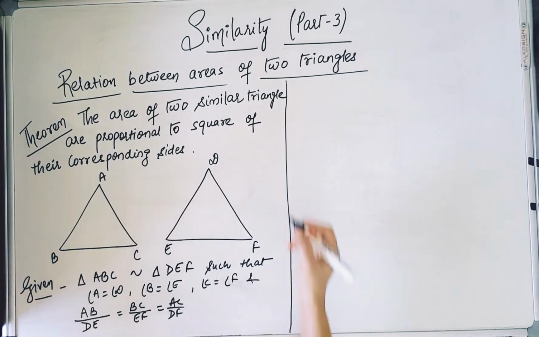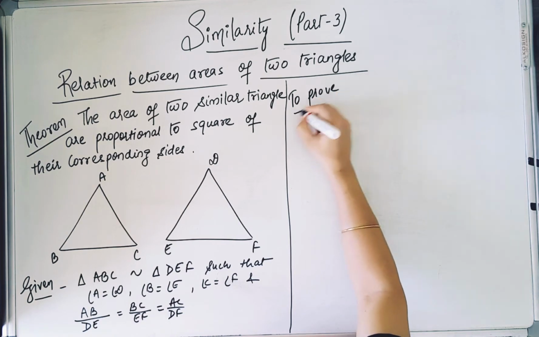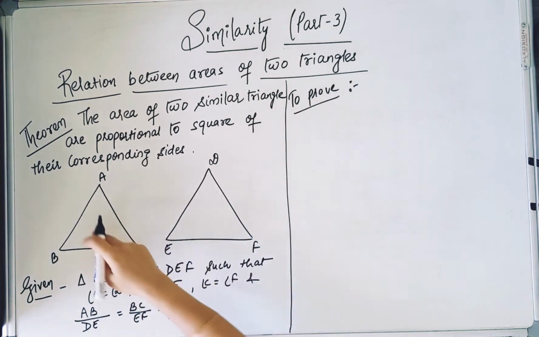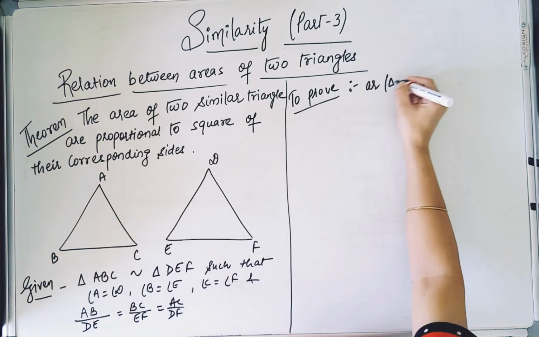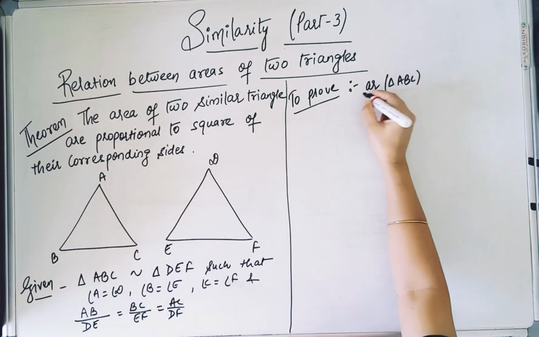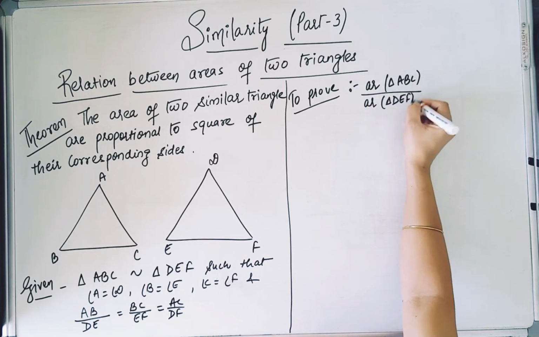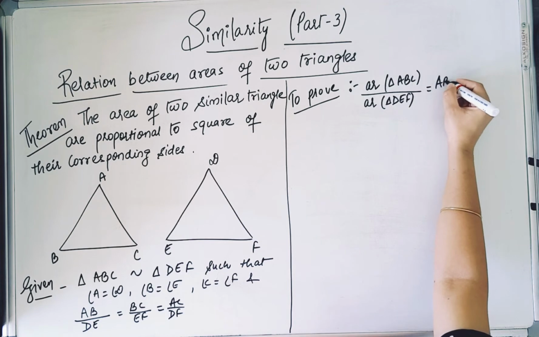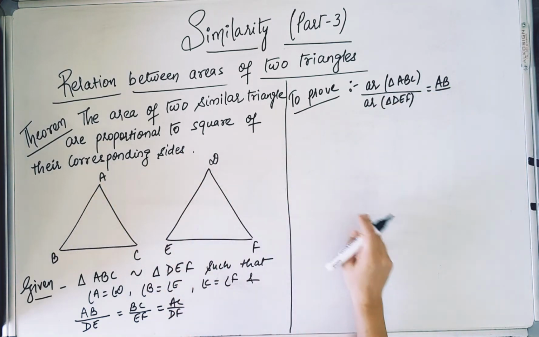Now what we have to prove in this theorem is that if two triangles are similar, then the ratio of the areas, that is area of triangle ABC by area of triangle DEF, is proportional to the square of their corresponding sides.